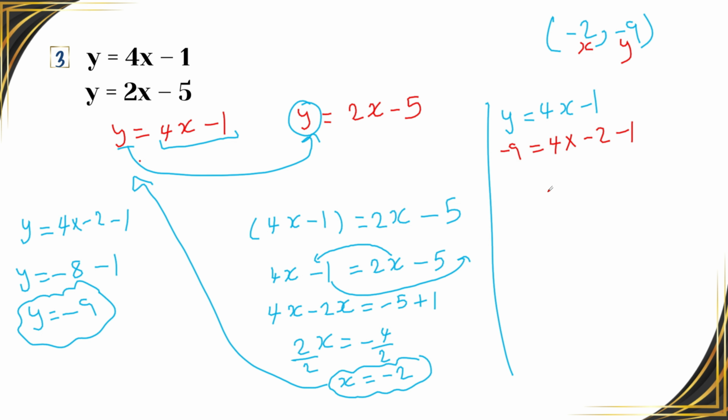Negative 2 times 4 is negative 8, minus 1. Is negative 8 minus 1 equal to negative 9? Yes, then it is satisfied, so this solution is correct. If you try the second equation also, it will be satisfied. In this case, the solution is negative 2 and negative 9.